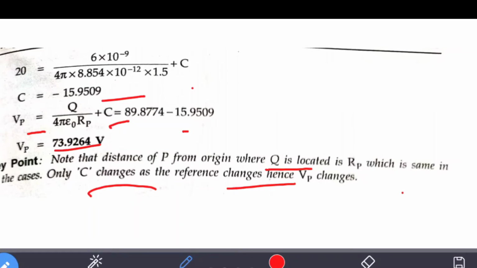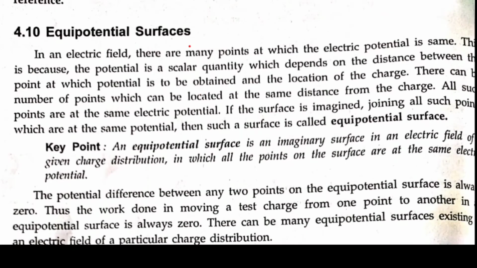Now we go for another topic, equipotential surfaces. In an electric field, there are so many points where the electric potential is the same. Why is the potential the same? Because potential is a scalar quantity which depends on distance. What are equipotential surfaces?